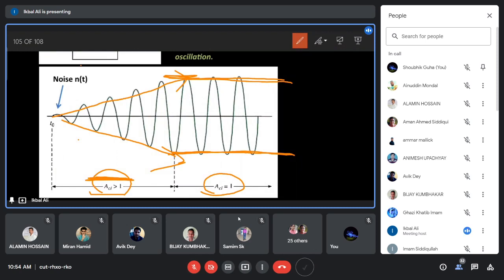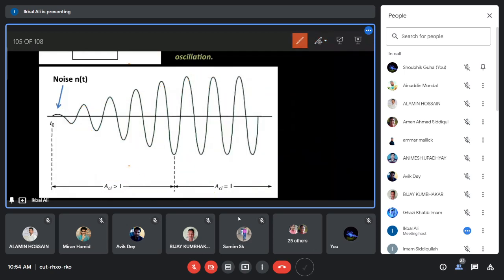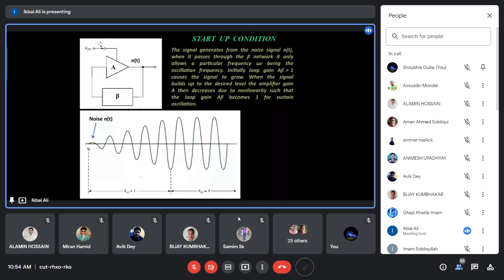Because the amplifier is a semiconductor device, it will automatically restrict the amplitude and the gain will fall. It will automatically make A beta equal to 1. So after that, the signal will not grow. In this way, the signal grows up in a particular oscillator circuit. So the noise is the source, and from the noise a particular frequency signal grows at the output.